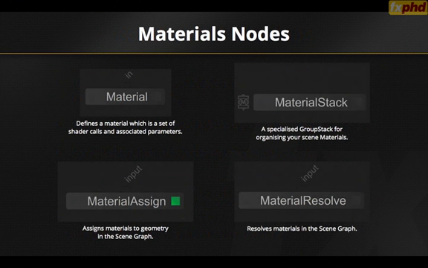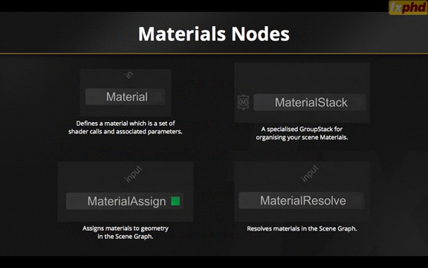And then finally we have a material resolve, and this resolves material in the scene graph. And remember, we were saying that Katana does the resolving right at the end of the tree. Well, the material resolve node enables you to force Katana to do it earlier in the chain, earlier in the recipe, if you want to do that.